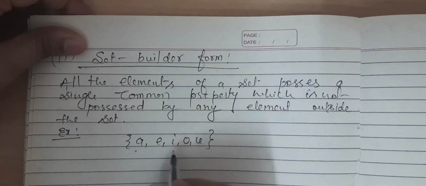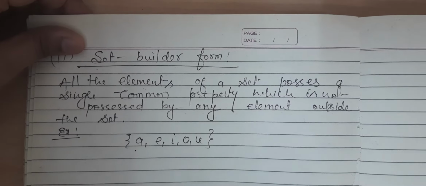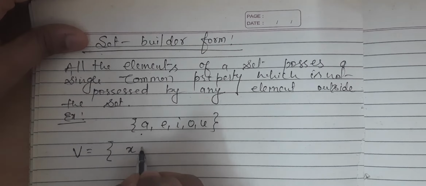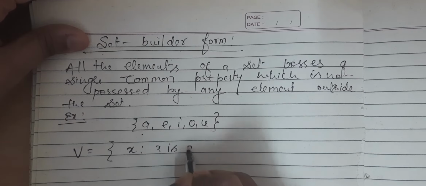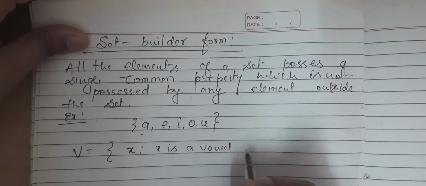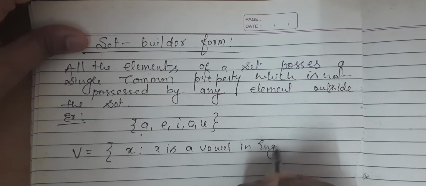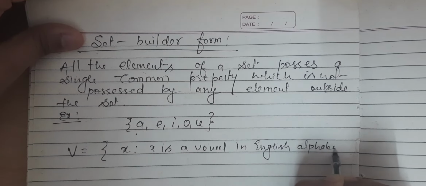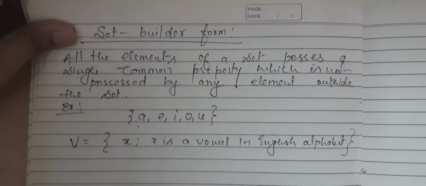So we will denote this set by capital V and write like this: V = {x : x is a vowel in the English alphabet}.